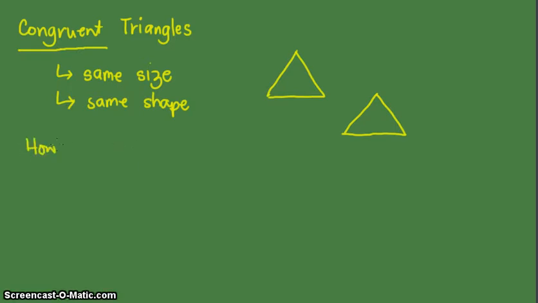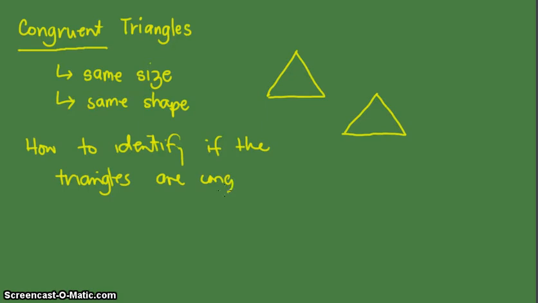So the question is how to identify if the triangles are congruent. First thing is you have to note some principles in geometry, specifically on triangle congruence. You need to satisfy the following postulates.